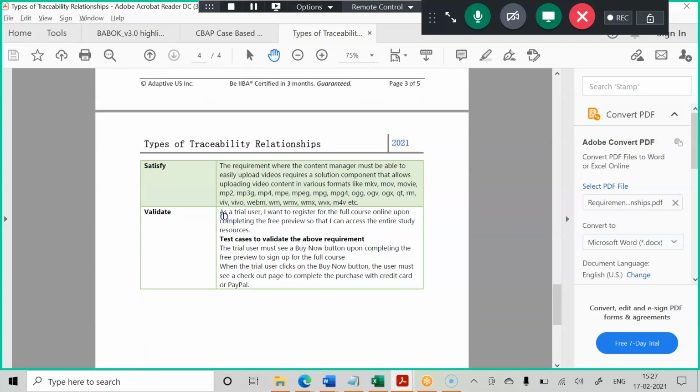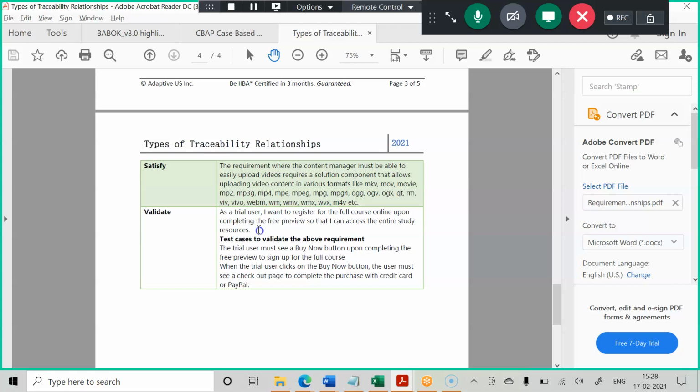So let me just take this particular scenario. As a trial user, I want to register for the full course online upon completing the free preview. This is a scenario where somebody does a trial registration. Before you enroll, you would have done a successful trial registration, and there were a few documents available for your preview.